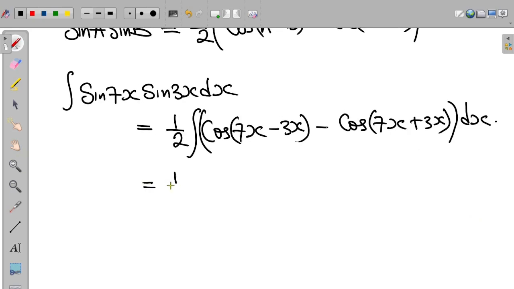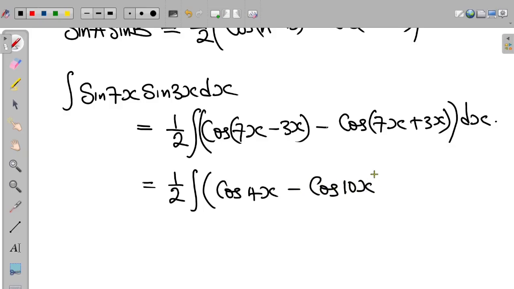So we have 1 divided by 2 integral; 7x minus 3x is 4x, so we have cos 4x, minus, 7x plus 3x is 10x, so we have cos 10x, all enclosed in a bracket, multiplied by dx.